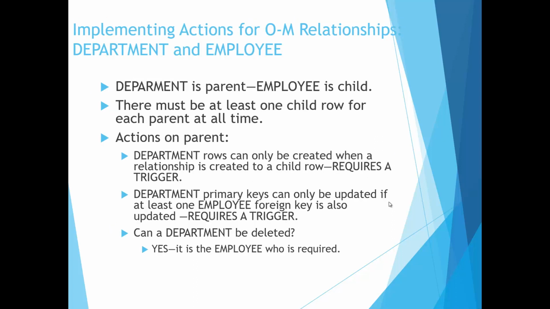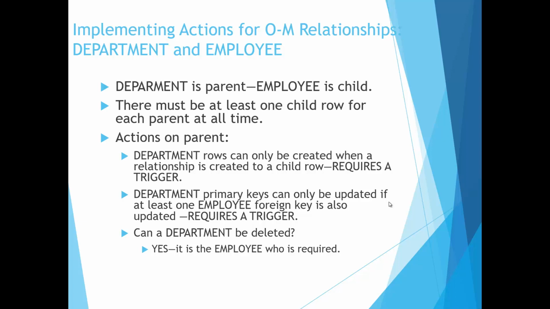Another example has the department as a parent that is optional and the employee as a child entity that is mandatory. With this scenario, there must be at least one child row for each parent at all times. Actions on parent: department rows can only be created when a relationship is created to a child row, which requires a trigger.